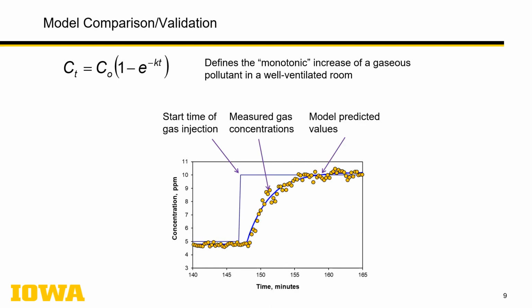And so, for example, here's a graph that might be utilized for doing just this, where you have a variety of different measurements made by a direct reading instrument again over time. And then you can demonstrate the start time of your gas injection and measured gas concentrations and tweak, in this case, the constant K to best match the model to the predicted values.